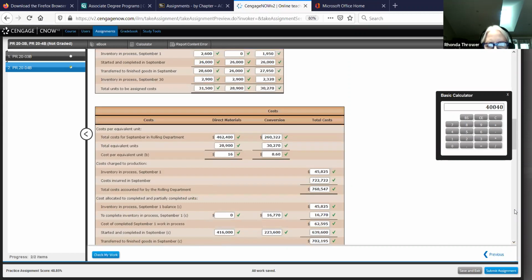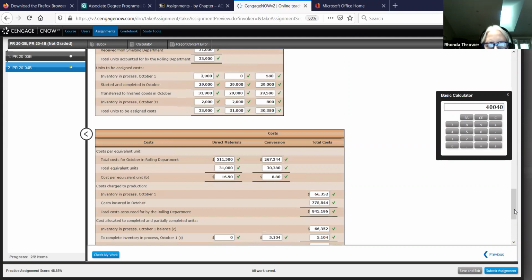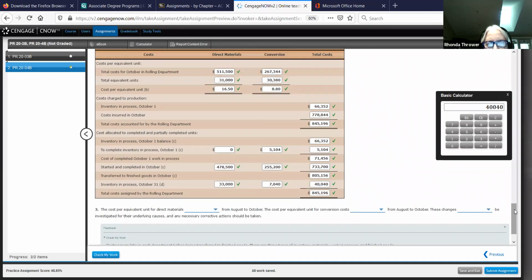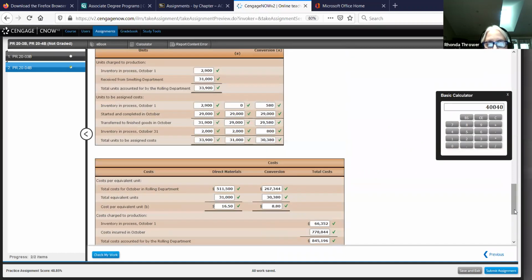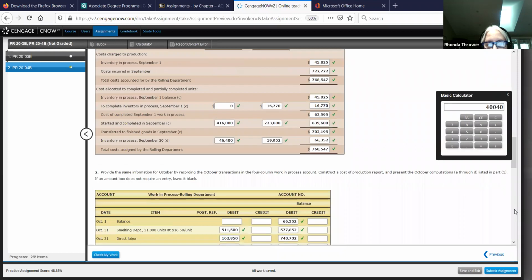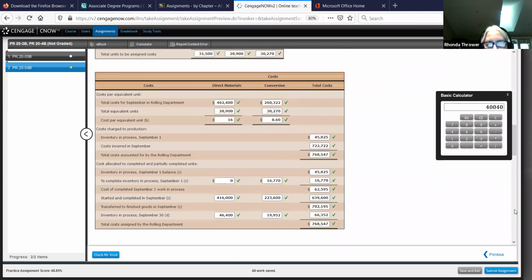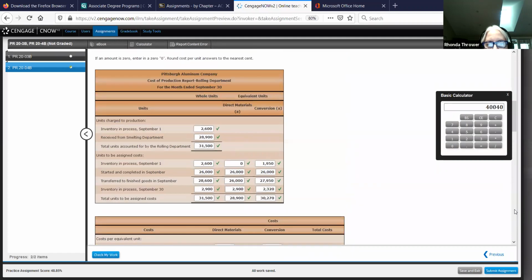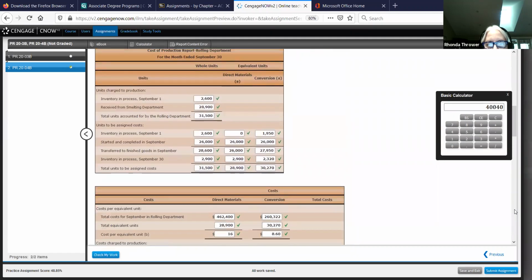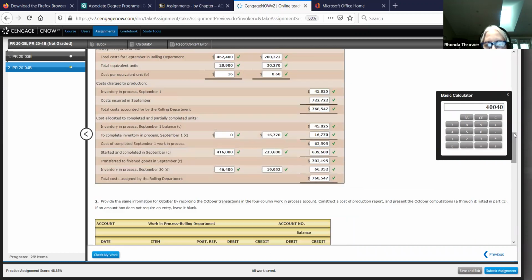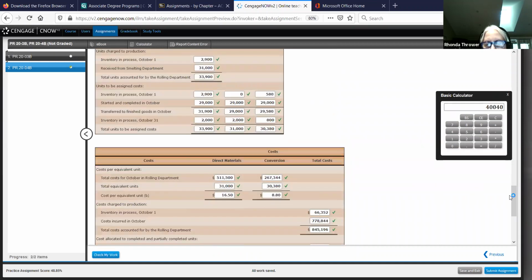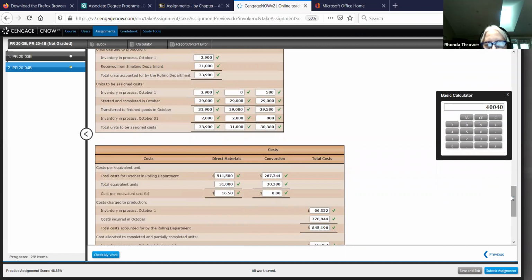Okay, now what did the question ask us again? It says cost per equivalent units for direct materials from August to October. Well, at September, it was $16. And in October, it was $16.50. So our materials increased.